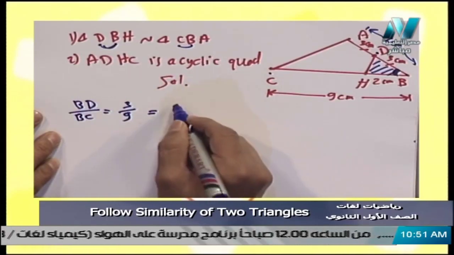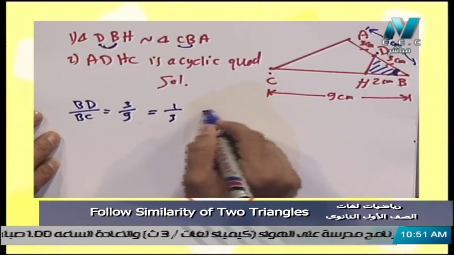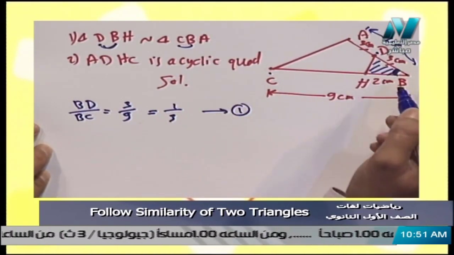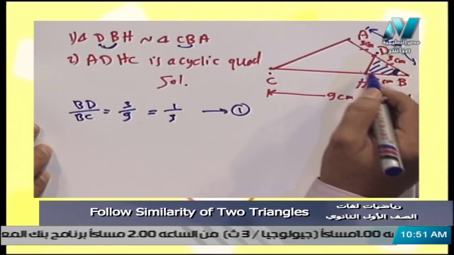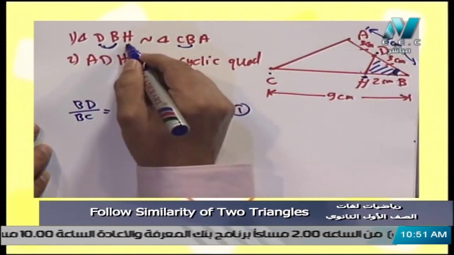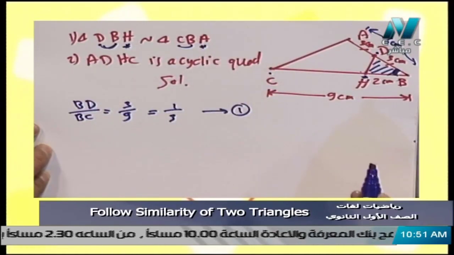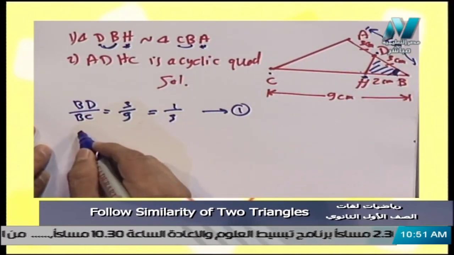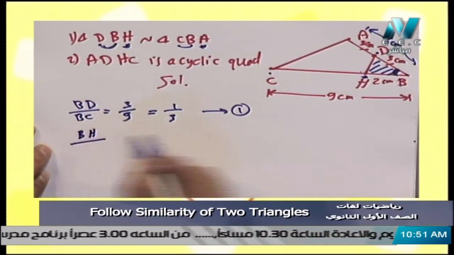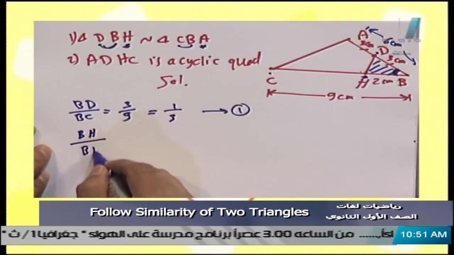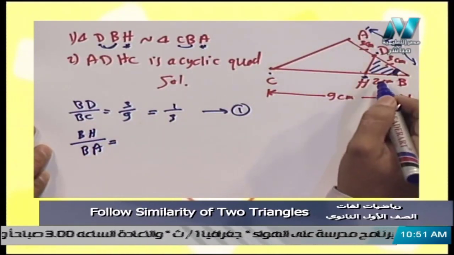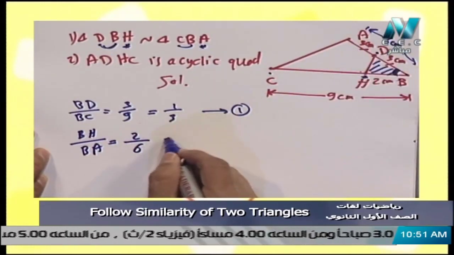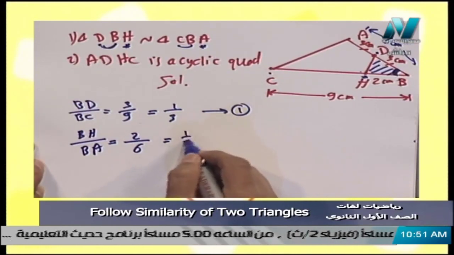In simplest form it will be 1 over 3. This is the first ratio, and the second ratio will be BH, because H here is corresponding to A. So we will start with BH over BA. BH here equals 2 and BA equals 6, and we will simplify it, it will be 1 over 3.